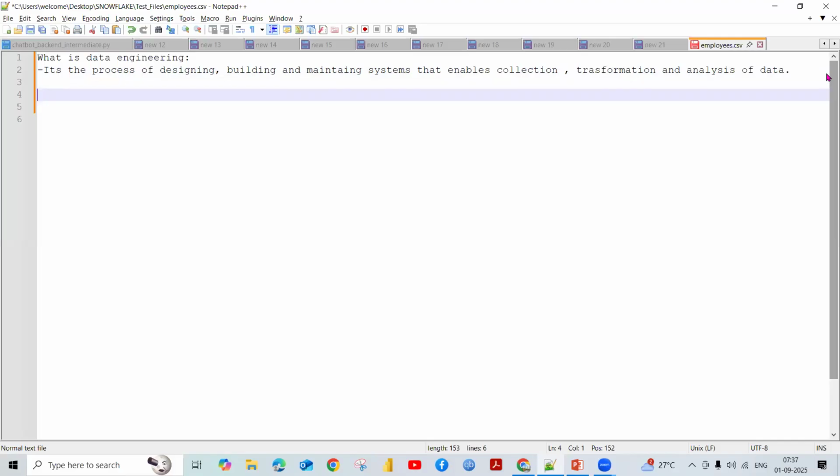Because in most of the activities in a data engineering job, we will deal with database systems only. 70 to 80% of the time, we will connect with a database and pull the data from there. So we need to learn the different database systems available in the current market. We have majorly two database systems.